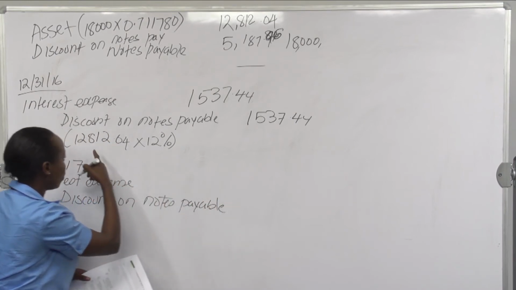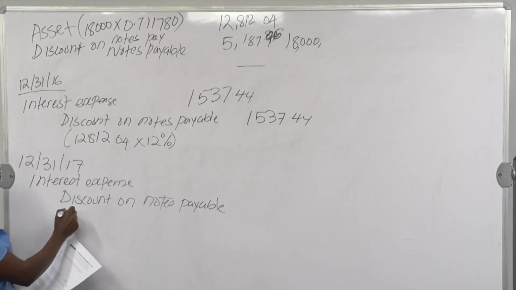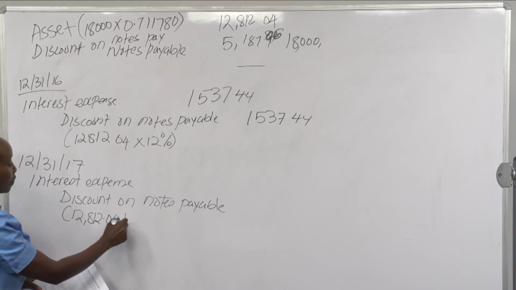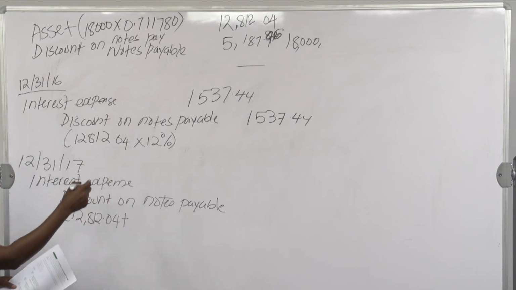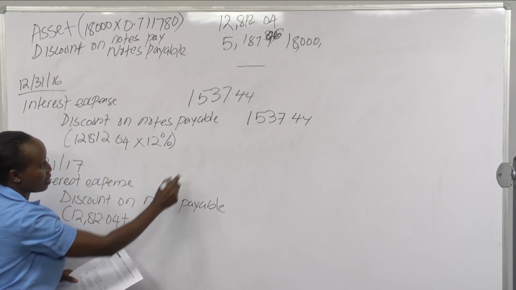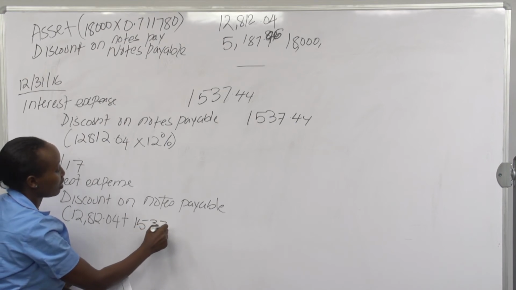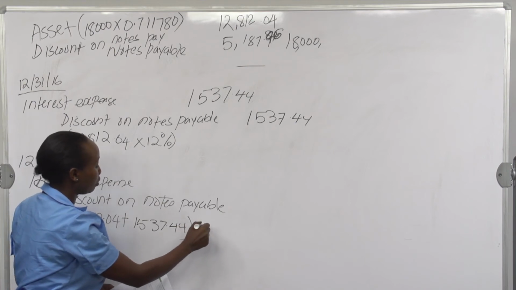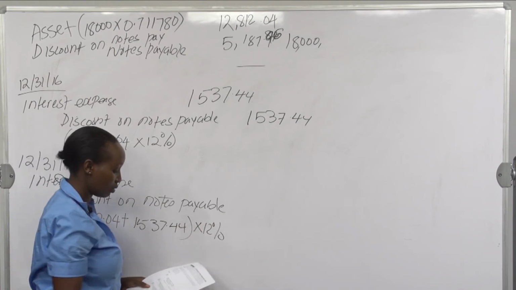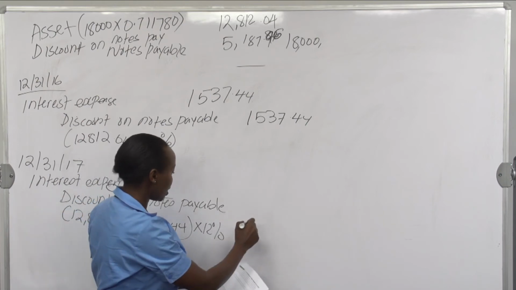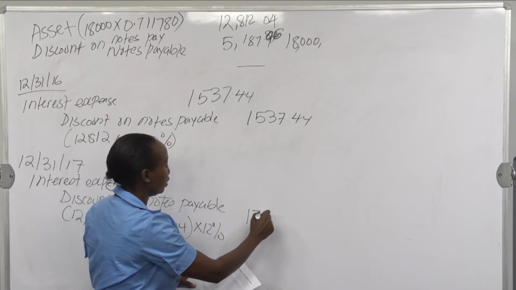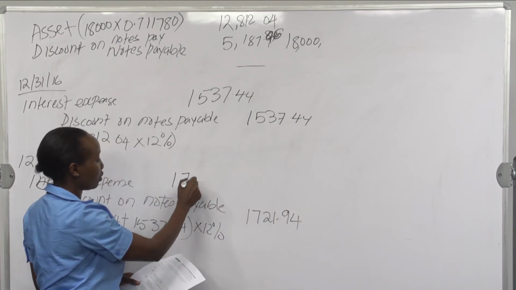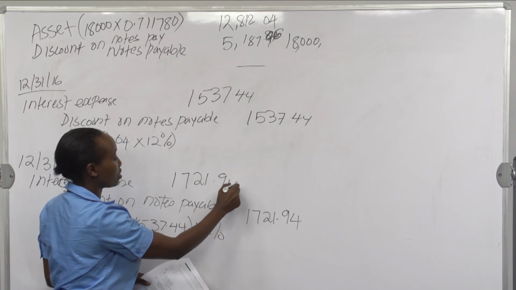This time, we take the 12,812.4, add the amortization from the previous year, the 1,537.44, and multiply that result by 12%. So the amortization this time is 1,721.94.